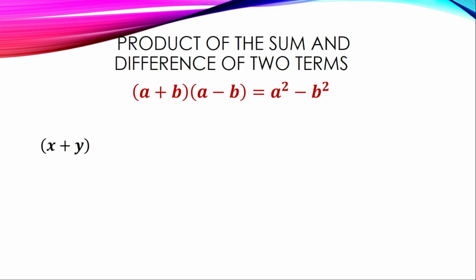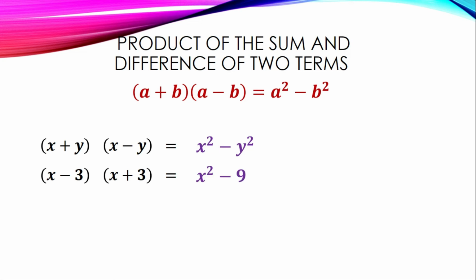For example, you have x plus y times x minus y. You do not need to do the distributive property of multiplication. Just proceed with that rule. So you have x squared minus y squared. Square the first term minus square of the second term. Let's have an example again. If we have x minus 3 times x plus 3, your answer is x times x is x squared, then 3 times 3 is 9.